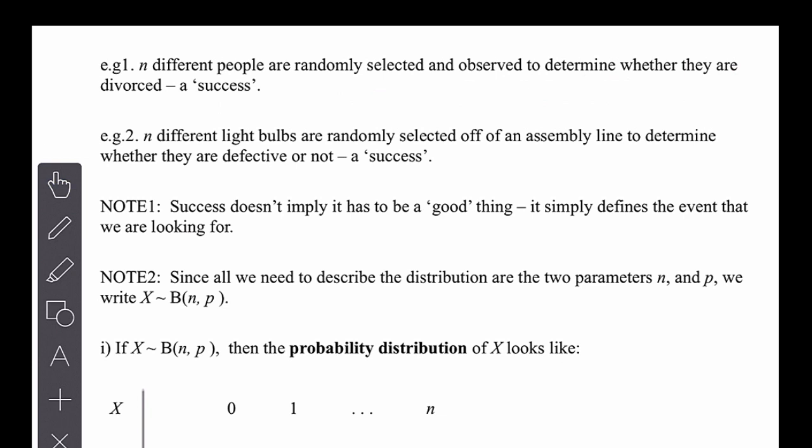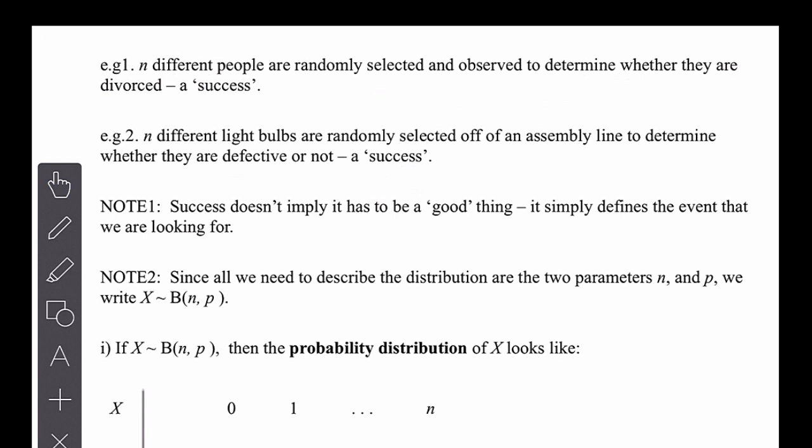So provided you knew the probability of success, you could actually estimate out of a certain number n of individual pairs or individual people, how many or what's the chance that they're actually divorced. And number two, let's say on an assembly line you looked at different light bulbs to determine if they're defective or not. In this case, the terminology still remains that what you're looking for is success, but in this scenario, the success is defined as a defective bulb.